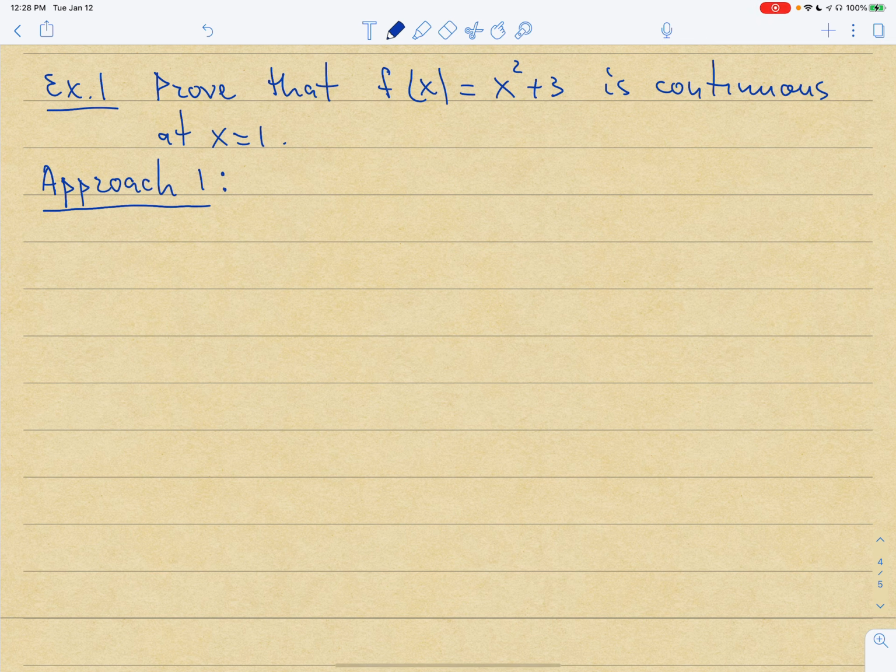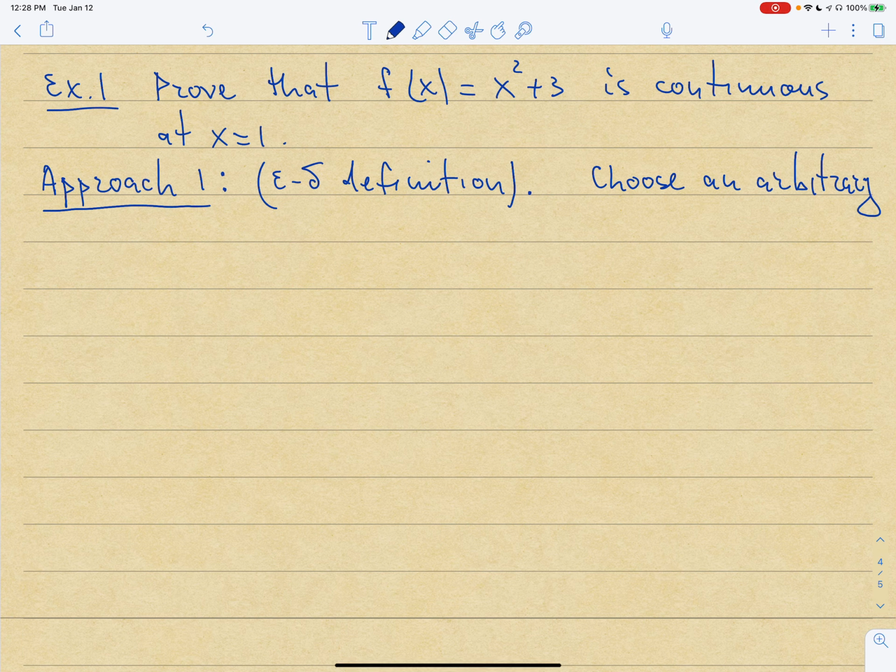Approach number one. Let's do the epsilon delta definition. Okay, so if I want to use this definition, I'm going to start by choosing an arbitrary epsilon greater than 0.